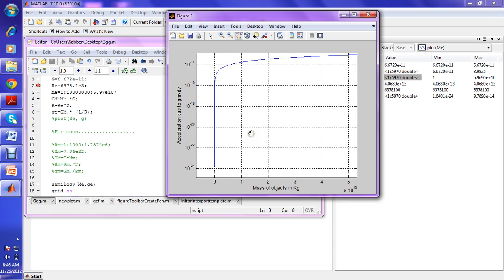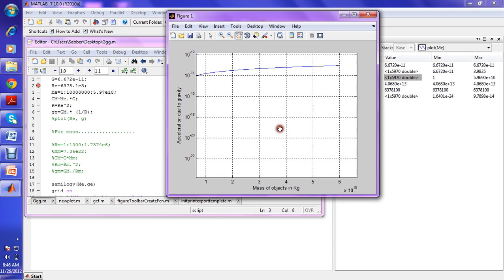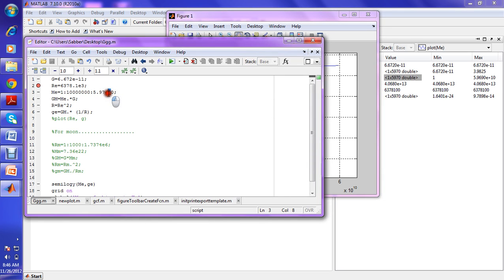So if you see the last value here, 5.97 is about the same mass as the earth. No, it's not the same mass as the earth, it should be the 24.